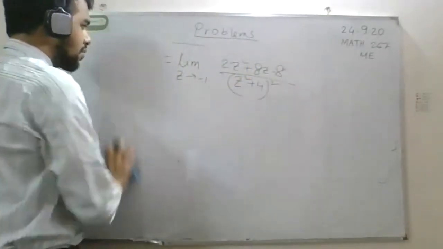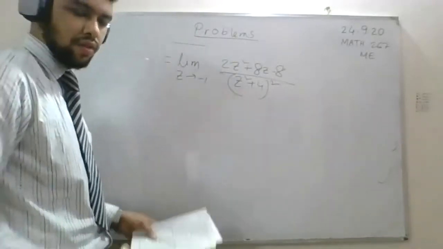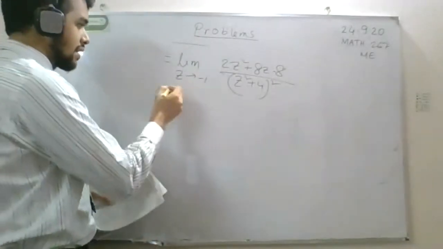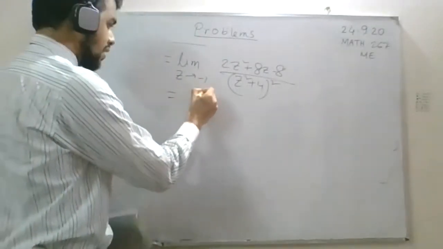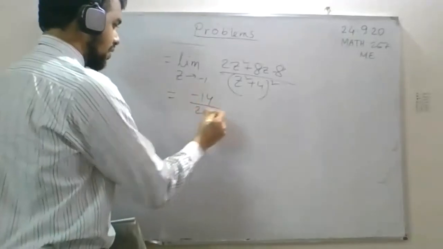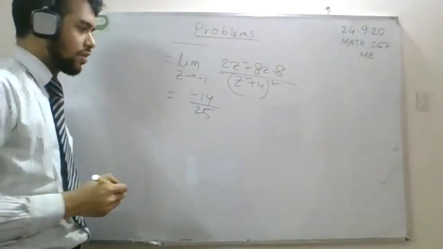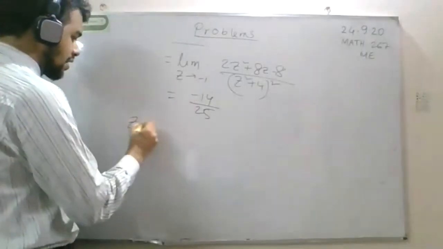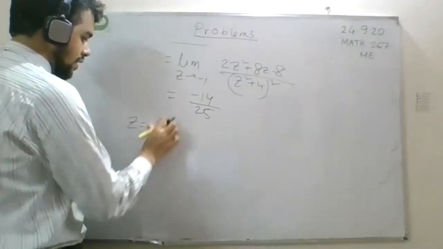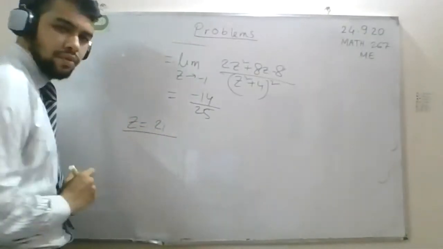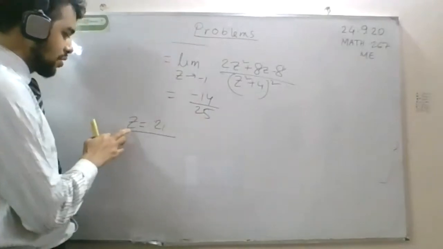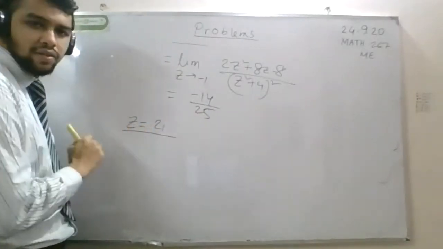Another one is for the simple residue. Simple to solve. You get the result minus 14 by 25. This is the residue for z equals minus 1. Now for the simple poles, we get simple poles at z equals 2i and also minus 2i.